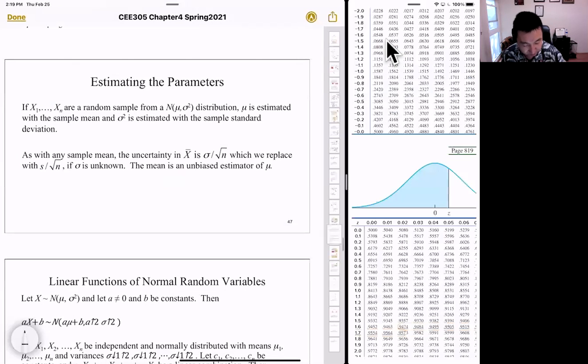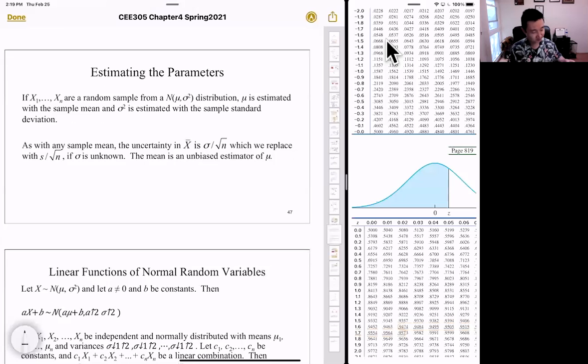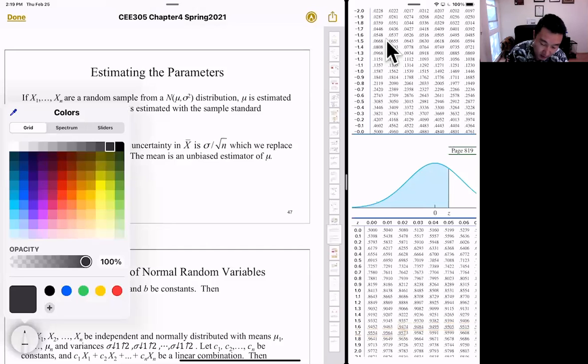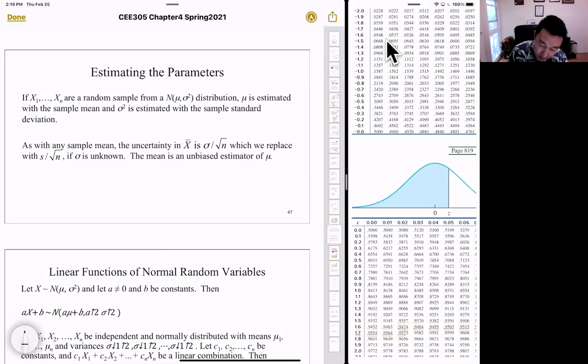Estimating parameters. If x1 to xn are a random sample from a normal distribution with a mean value of mu and a variance of sigma squared, we can estimate the mean value using the sample mean. For the sample mean, the uncertainty will be sigma over the square root of n.